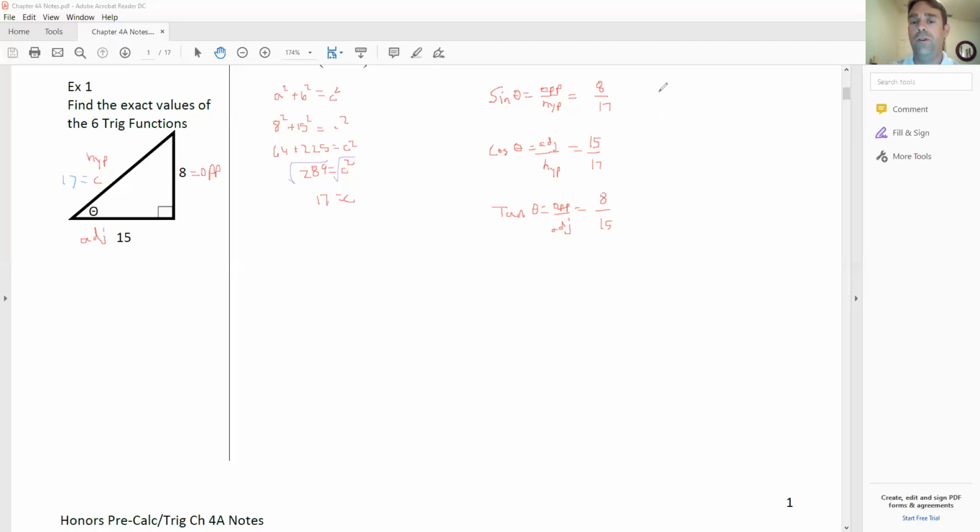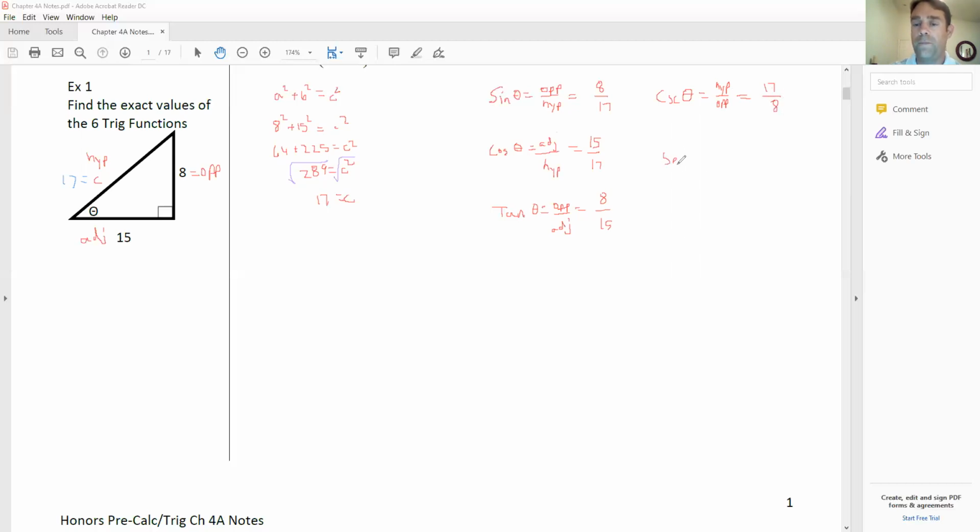Now we do the reciprocal functions. So cosecant of theta. And guys, I won't write opposite and hypotenuse over and over again. I'm just doing it here at the beginning so we can get the idea of what these are. Cosecant is hypotenuse over opposite, so that's 17 over 8.